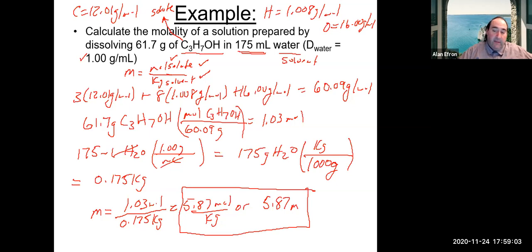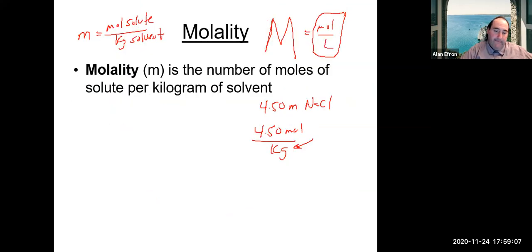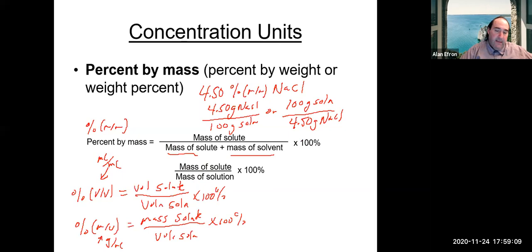So that's actually what molality is. And that's different than what we saw earlier with percent mass to mass, which is a different concentration unit. On that one, we want the mass of the solution on the bottom. So that's why if we were calculating something like percent mass to mass of this, we would want to add it together.